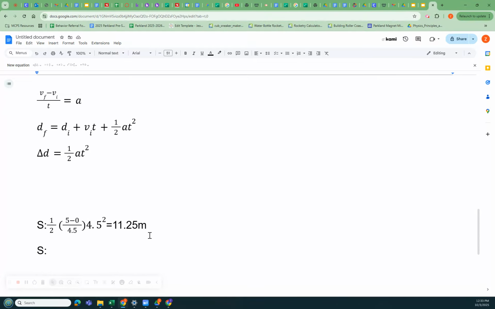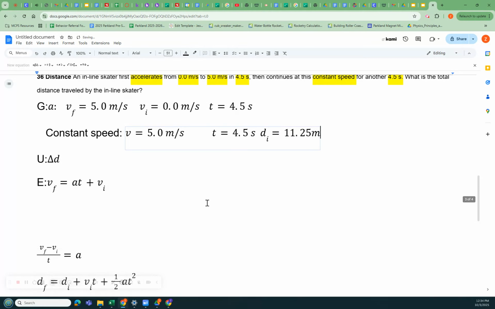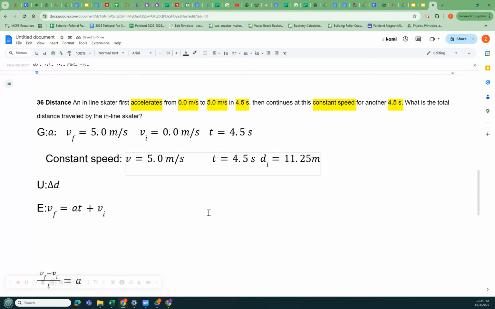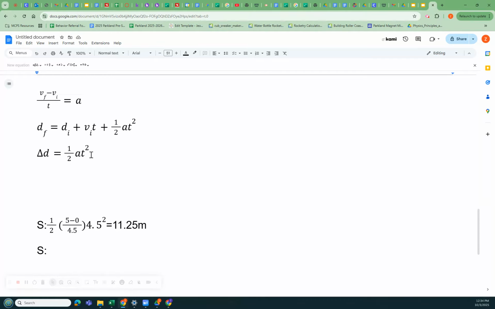So now we're going to figure out how far the skater goes when they're going a constant velocity. All right. So we look up here for the second part, they're going at constant velocity for 5 meters per second for 4.5 seconds. And now we know the DI is 11.25 meters. Not rounding yet until we get to the final part of this problem. All right, so we'll use that as our DI.